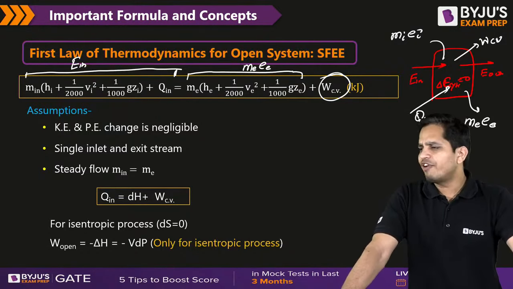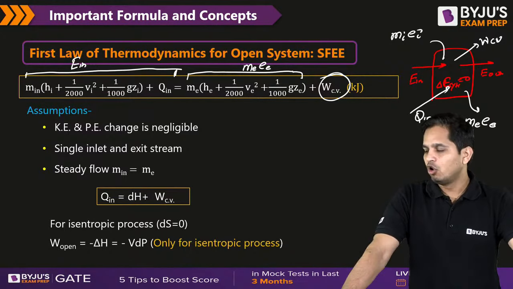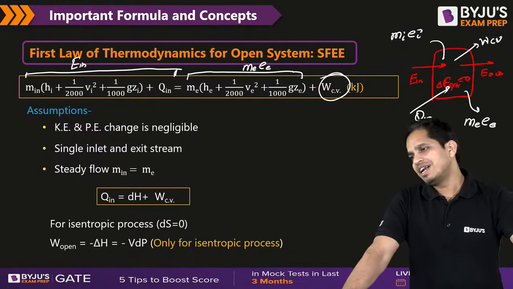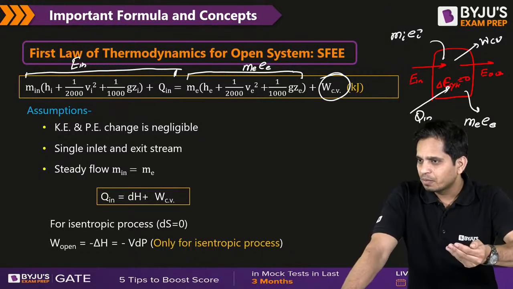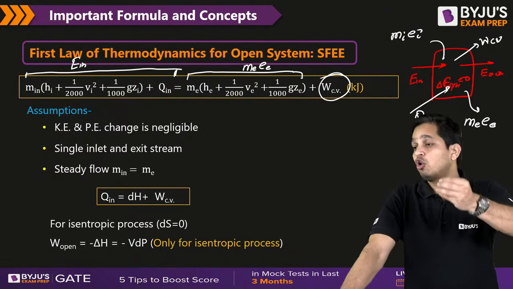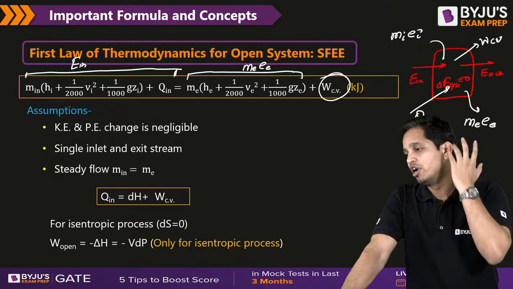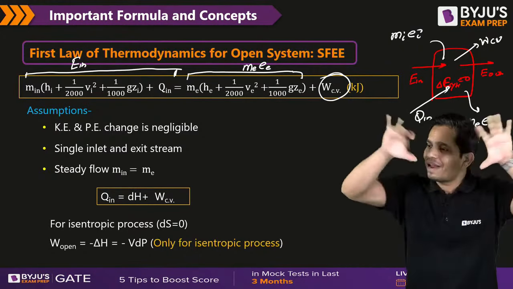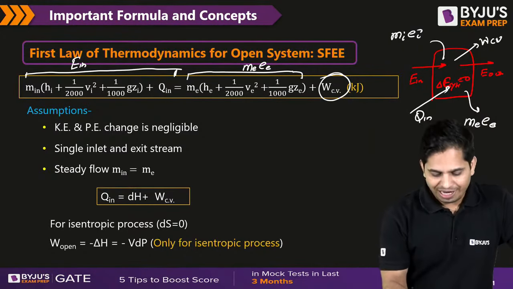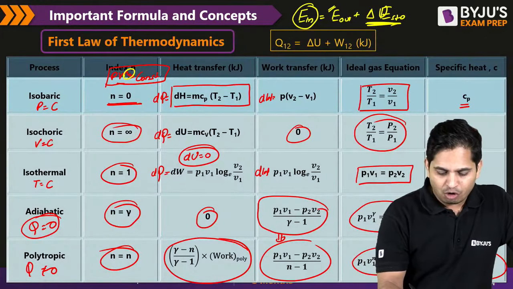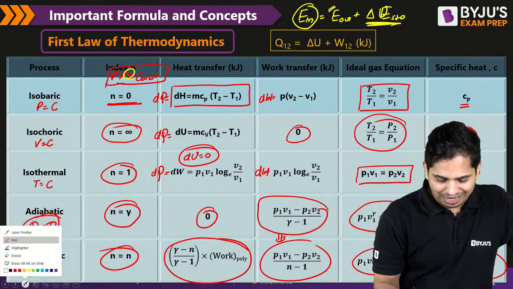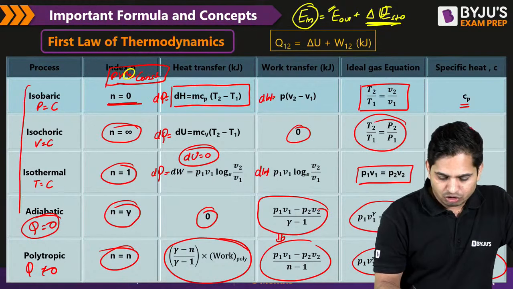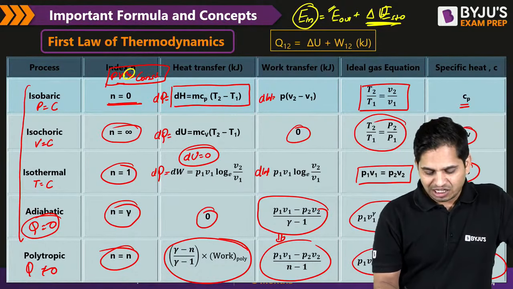But polytropic is a very general process. You can show all the processes in the form of polytropic. We have covered only very specific processes, but this is a general process.